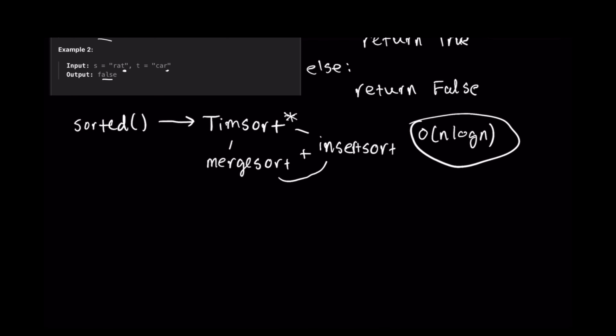And then for space complexity, at worst, it's going to use O of n, and that's based on the size of our input array. And at our best case, it's going to use O of 1.